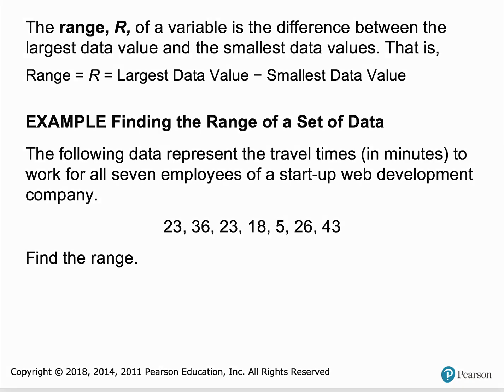So if we wanted to find the range of the following data, which is travel time in minutes to work for all 7 employees of a startup web development company, we notice that the largest value is 43. The smallest value is 5. 43 minus 5 is 38. That's the range. Now notice the range is affected by extreme values in the data set.